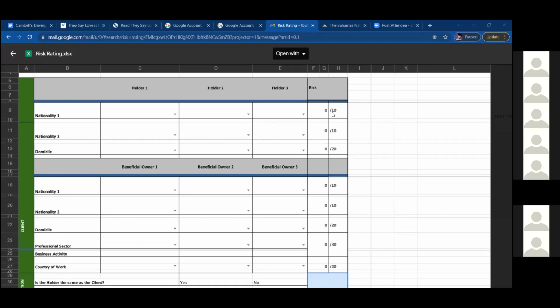Each one of these will give a scoring, and when these scores add up, you get a total at the bottom. If the total comes between 0 and 40, you can consider that customer low risk. If it's between 41 and 80, medium risk. And if it's between 81 and 100, then high risk. I use 75 and some people use 50 and what have you. But again, you just have to tailor it to your business and be able to explain its methodology.